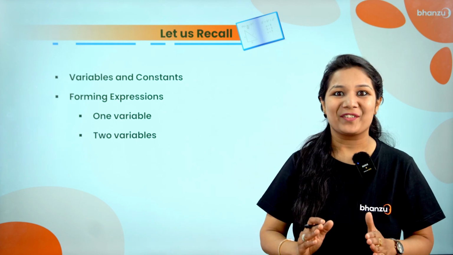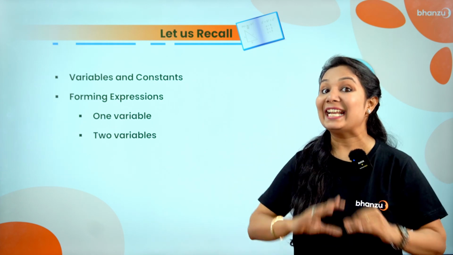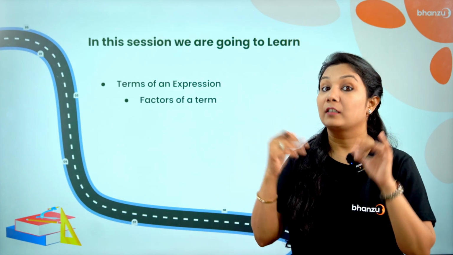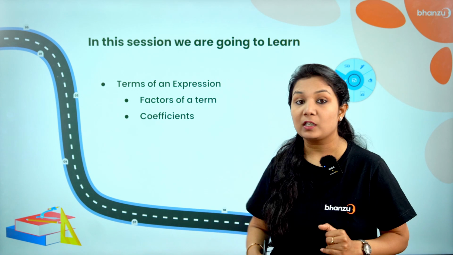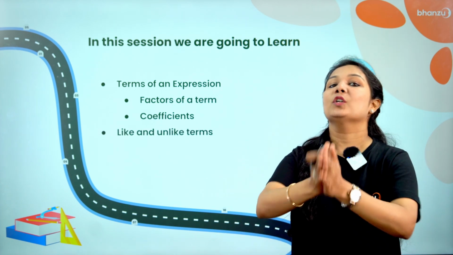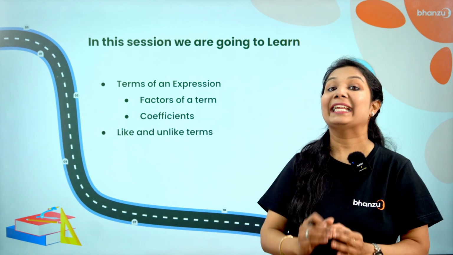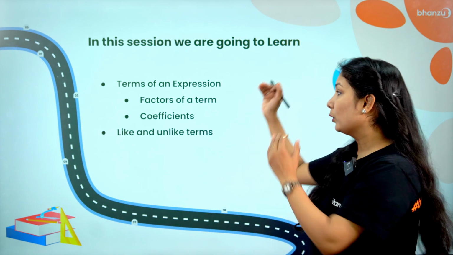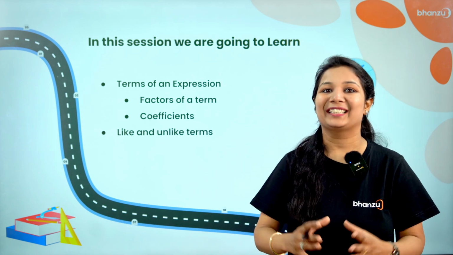Since you are all aware now of what an expression is, let's see the different terms of an expression. In terms, we have factors of a term and also its coefficients. And then we are going to see the two different types of terms: like terms and unlike terms. So let's talk about these topics in detail in the session today.